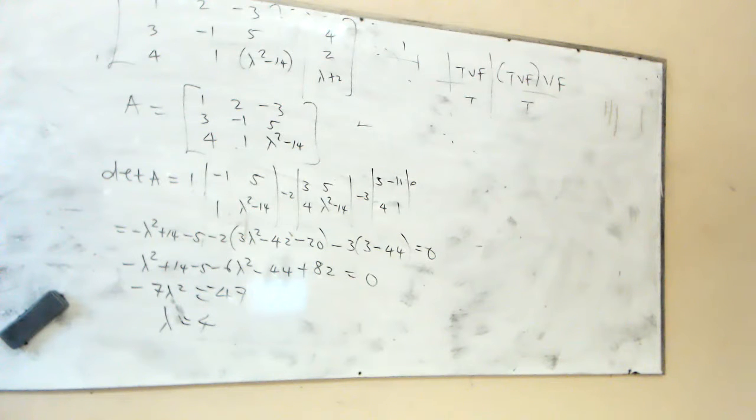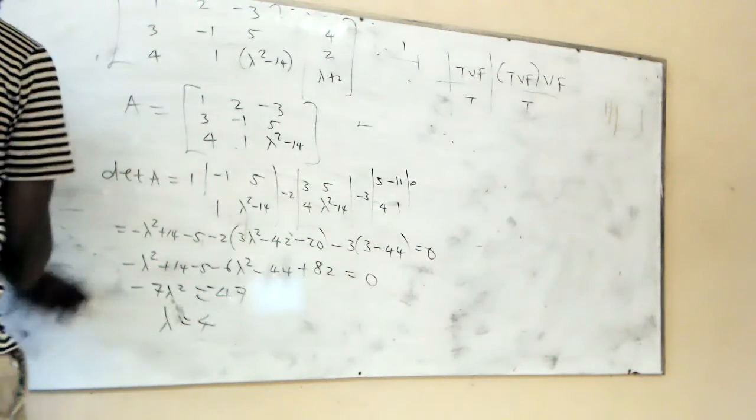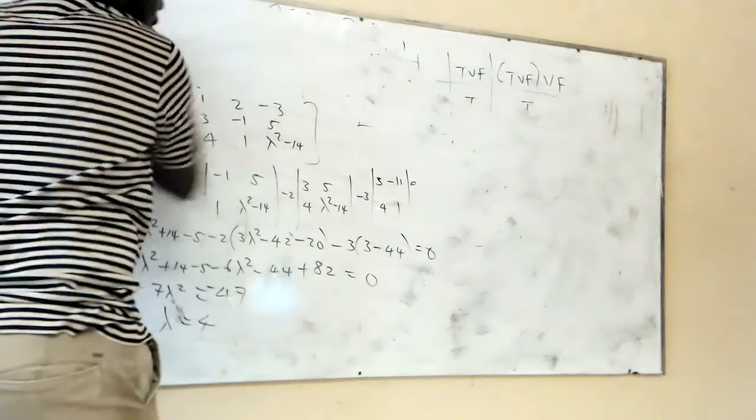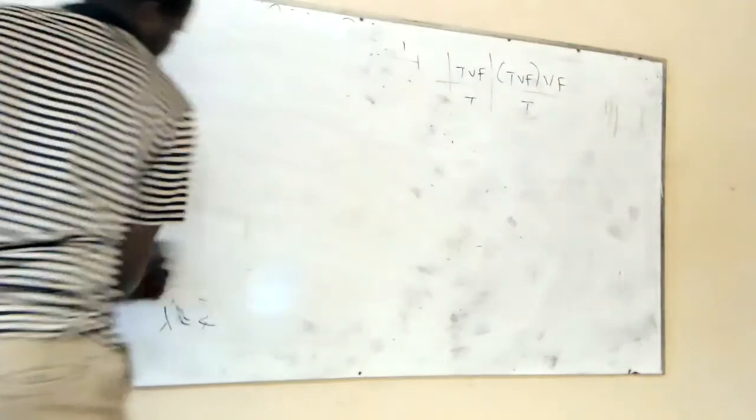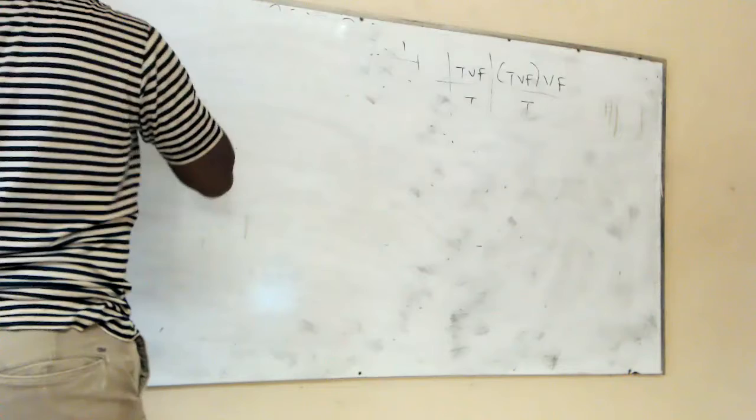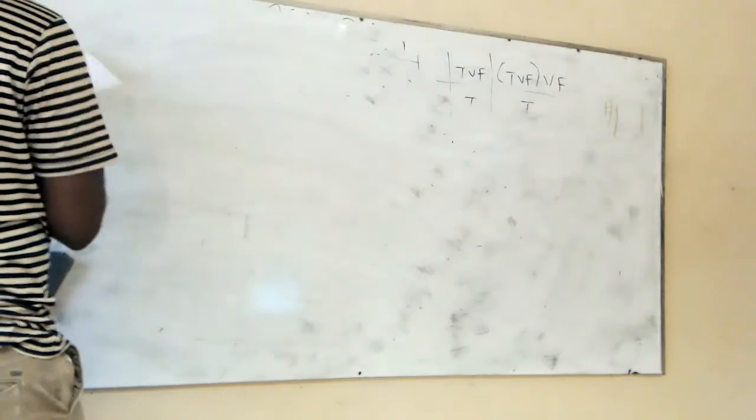Let me check why it must be 1. It must be different from 1. Let's investigate so that we can get the correct answer for this. I think I did not do further analysis in regard to this previously, but I can tell you the answer must be option 1 or option 2.